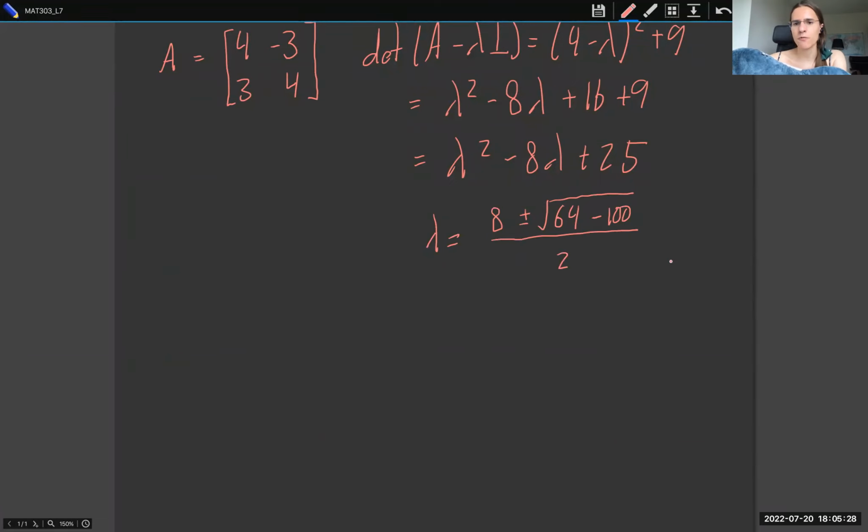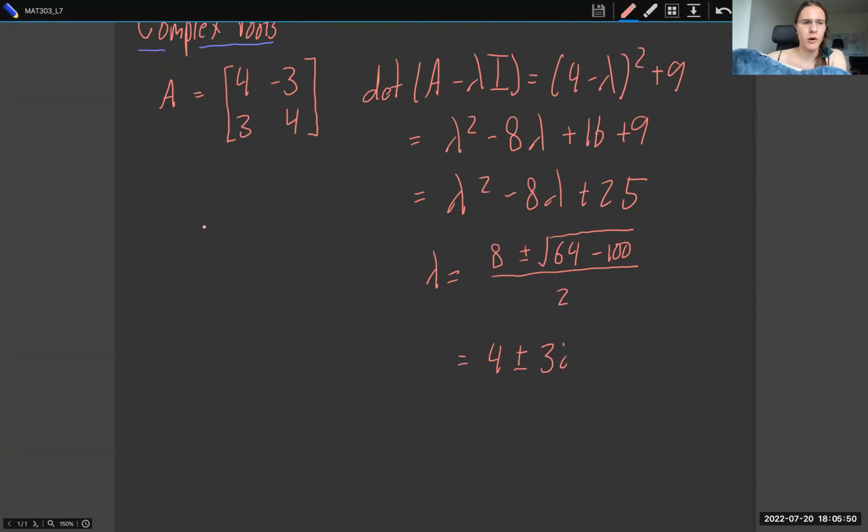And cool fact, 6, 8, 10 is a Pythagorean triple, because 64 minus 100 is minus 36, which is minus the square of 6. So we get 4 plus or minus 3i.